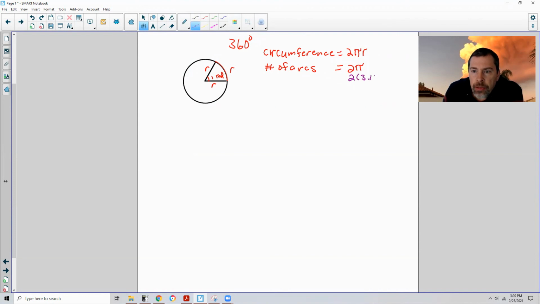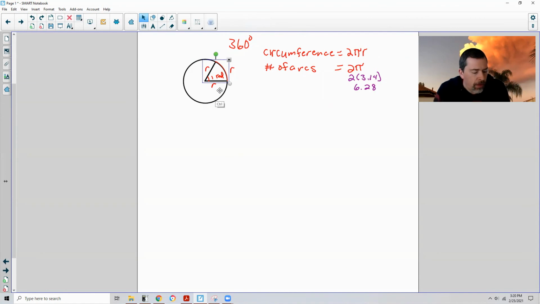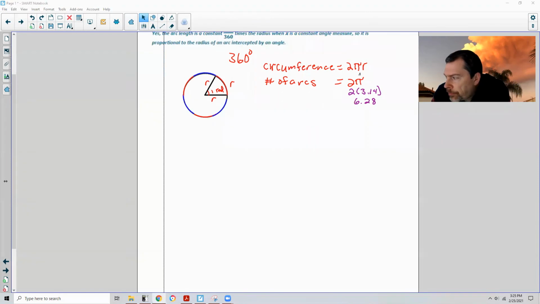Pi is 3.14, an approximation. So 2 times 3.14 is 6.28. What that means is if I took this arc right here, and copied and pasted it, 1, 2, 3, 4, 5, 6, and rotated it and put it on this circle, which I'm going to do behind the scenes.